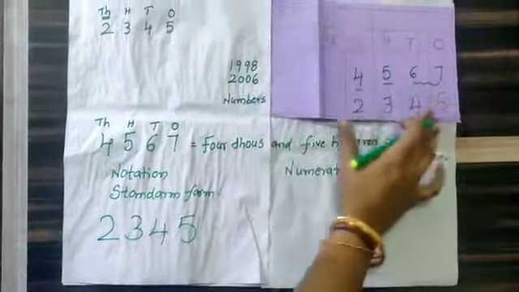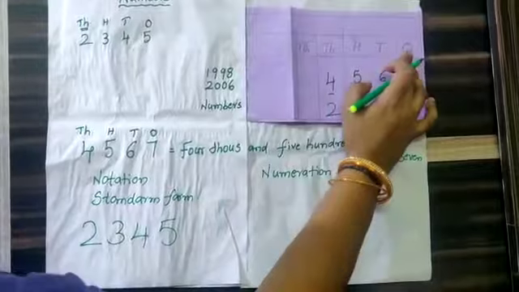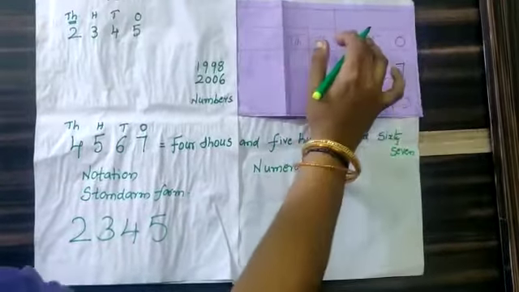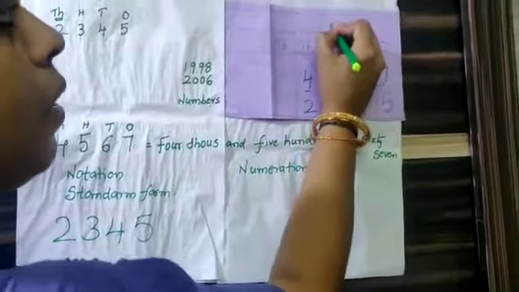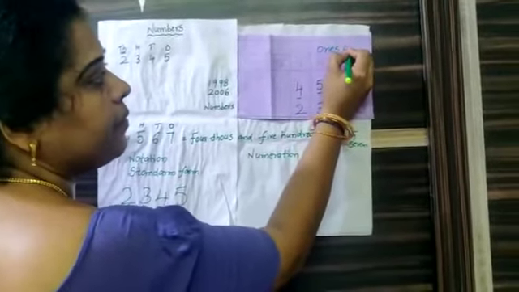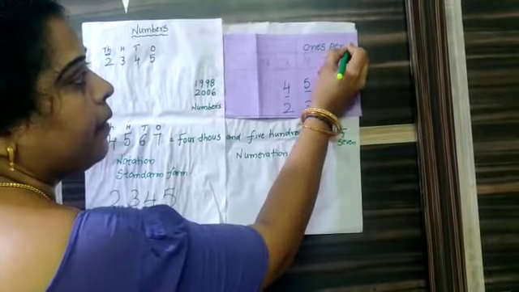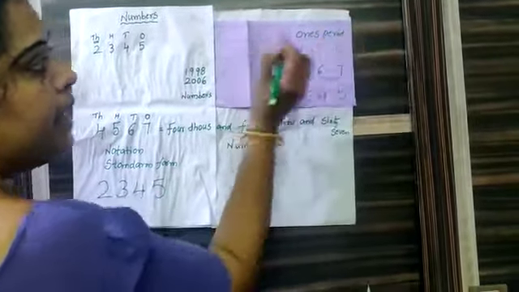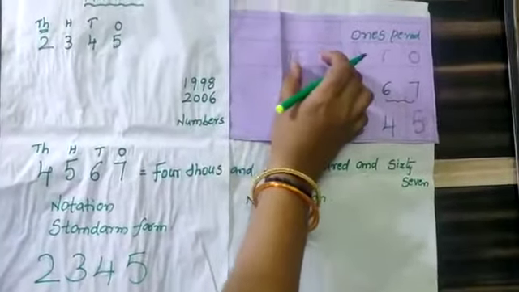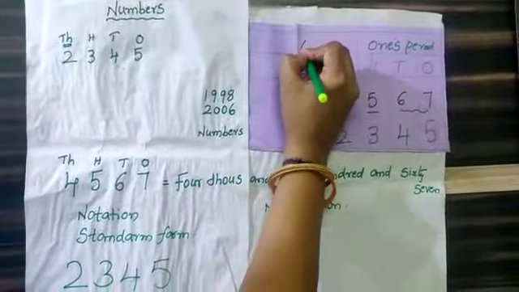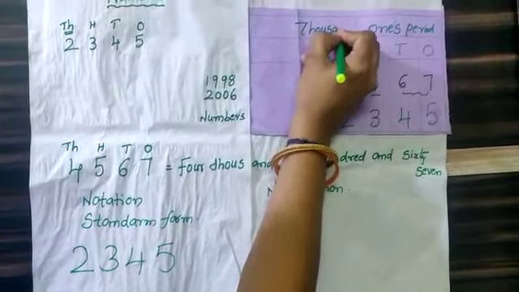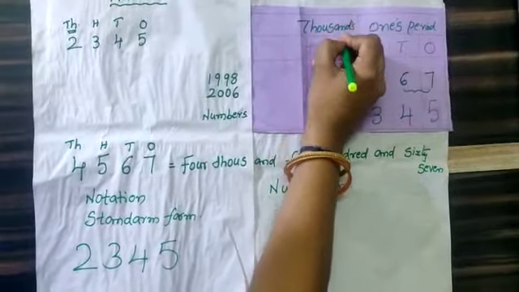If you observe this place value chart, the first 3 places from the right make one group. The name of this group is ones period. After that, 2 places make one group, the name of that group is thousands period. What do we call? Thousands period.